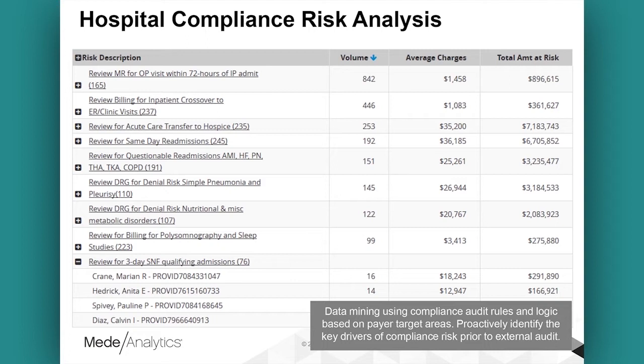Times 300 or 400, every little target area that any hospital has ever been audited for by RAC, MIC, ZPIC, commercial payers over the last 5 years has been captured here in a predictive rules engine to say there's potential risk in all of these areas. This is how many claims and dollars are at risk, and here's how it breaks down by physician. So just another example, more from a compliance perspective, of how you can use an analytical platform to understand revenue integrity and revenue risk across the organization.